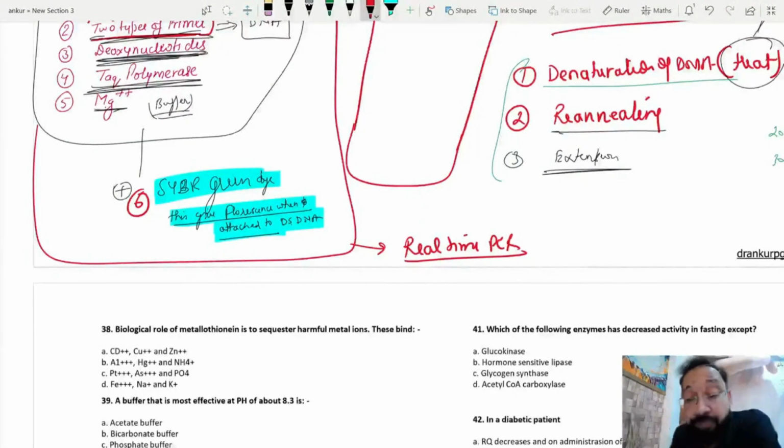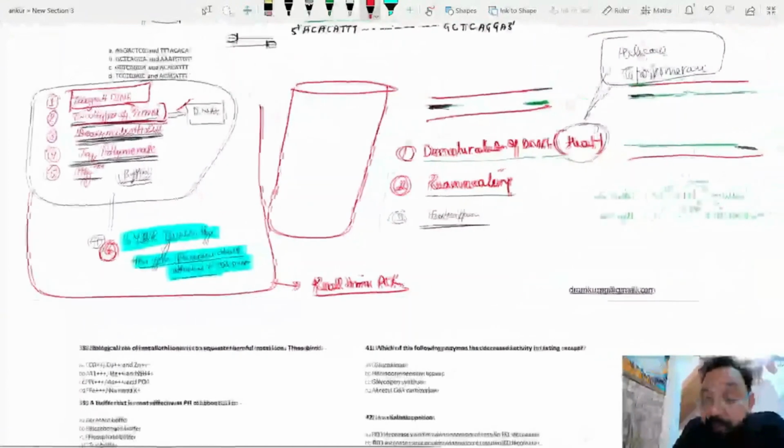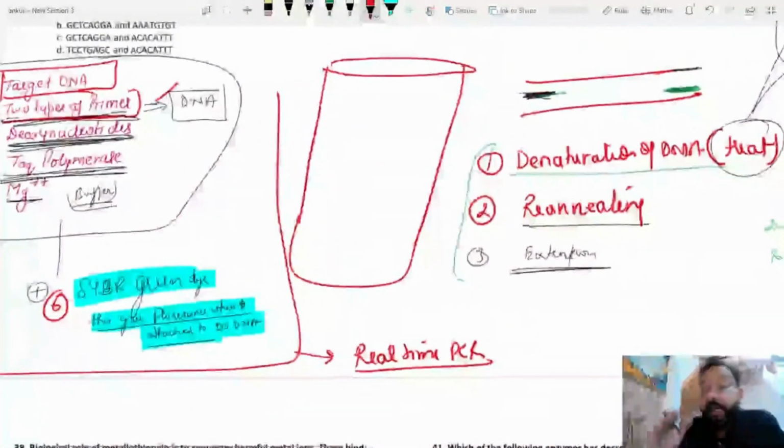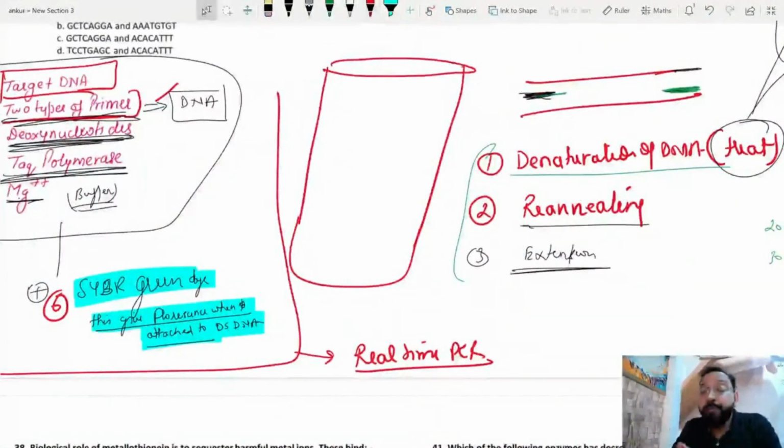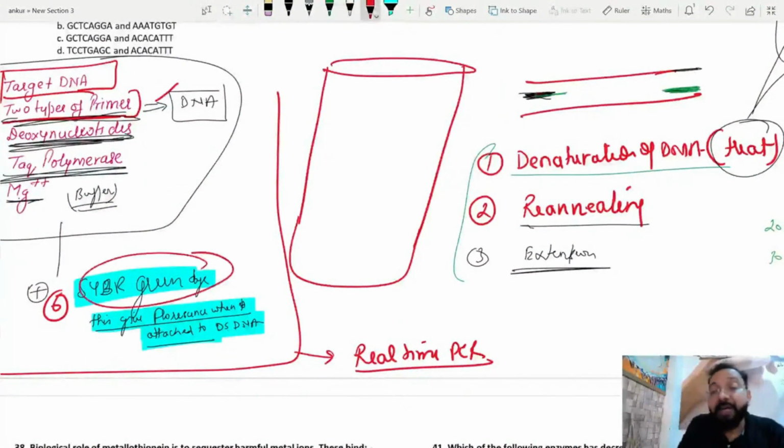What does it mean? Whenever one DNA is replicated to two copies, two cybergreen dyes will bind, and fluorescence will increase. 2 to 4 copies, 4 cybergreen dyes will bind to double stranded DNA, and fluorescence increases. 4 to 8, fluorescence increases. 8 to 16, fluorescence increases. 16 to 32, fluorescence increases.